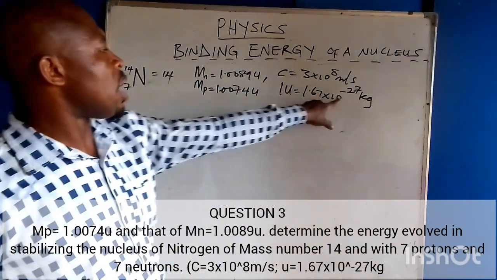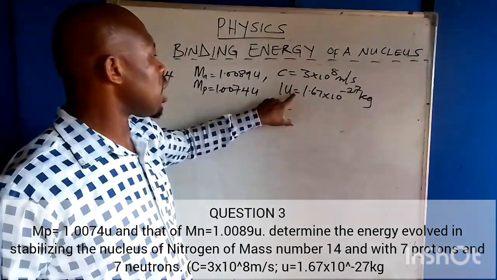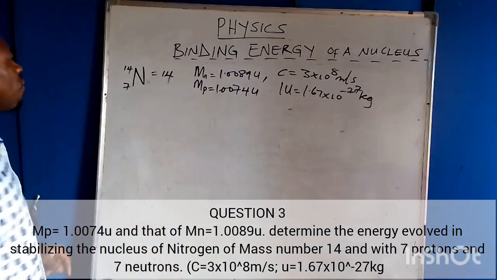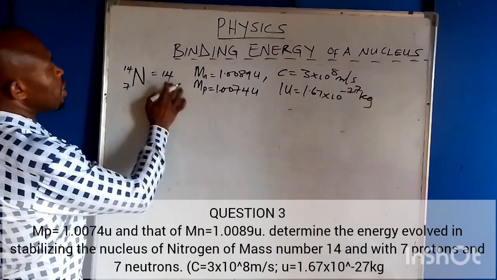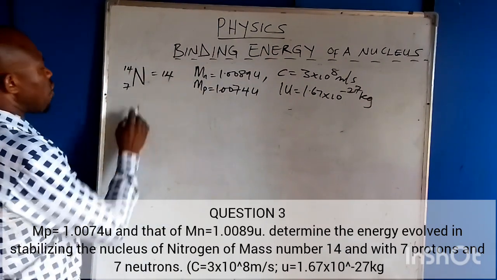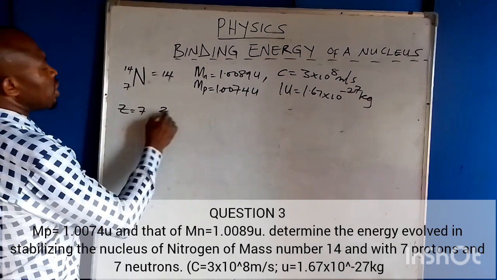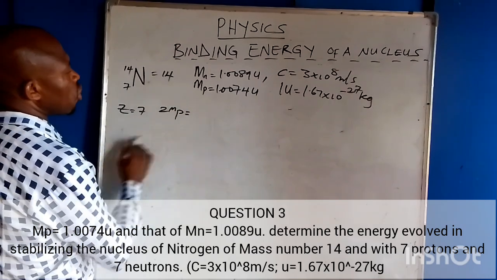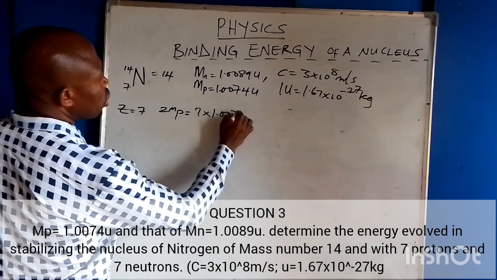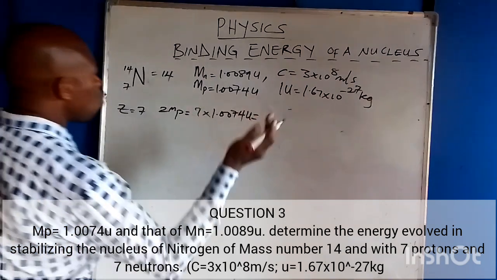Now this one is this mass. This is the mass of the nucleus. Okay, so we have this. So the mass of the nucleus is 14. That is 1 U, please. So we now have, from what we have on the board, Z is 7. Now Z times Mp will give us 7 times mass of proton, 1.0074 U, which is equal to, we'll get that later.